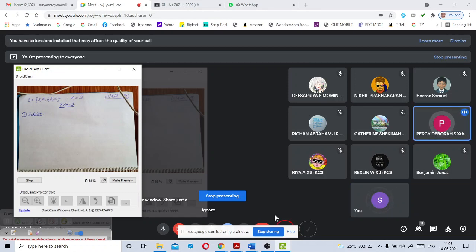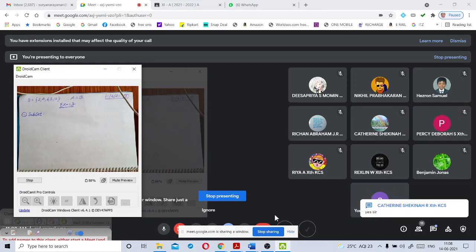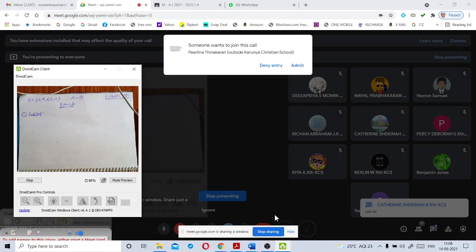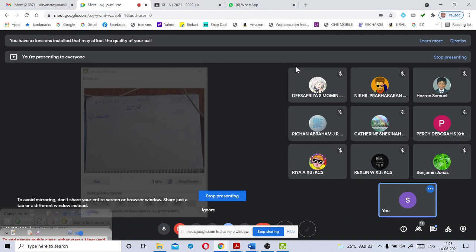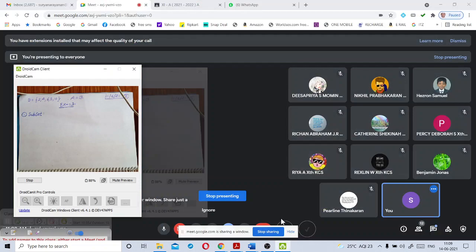Yes, sir. A set A is said to be a subset of a set B if every element of A is also an element of B. First, I will write the definition.